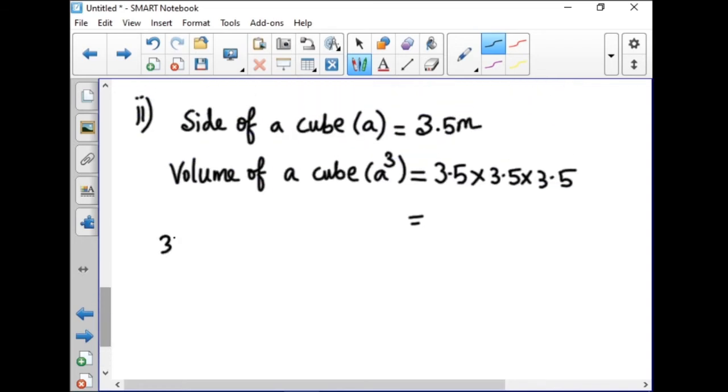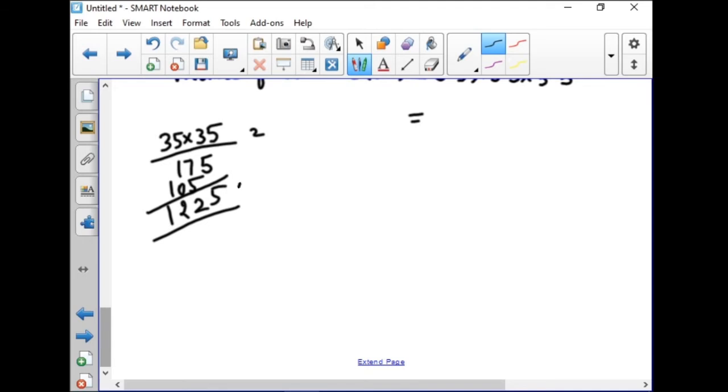So 35 into 35. 5 5s are 25, balance 2, 5 3s are 15, 15 plus 2 is 17, then 3 into 35 is 105. If you add, you will get 1225. Next, 1225 into 35. 5 5s are 25, balance 2, 5 2s are 10, 10 plus 2 is 12, balance 1, again 5 2s are 10, 10 plus 1 is 11, balance 1, 5 1 is 5, 5 plus 1 is 6.